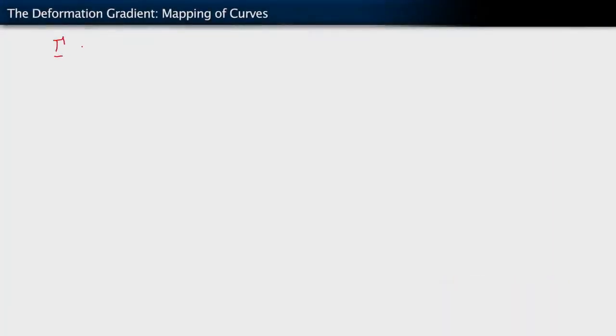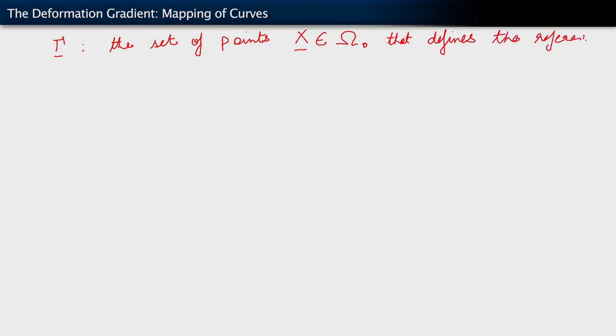Note that capital Gamma is the set of points x belonging to omega naught that defines the reference configuration of the curve.